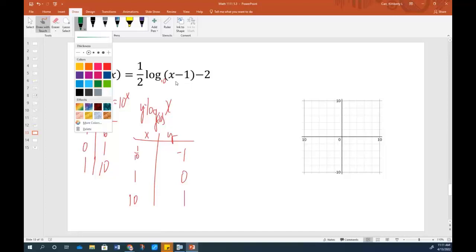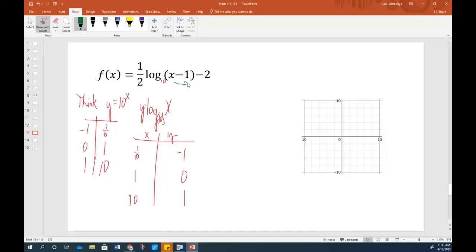What this does right in here is a shift that goes to the right 1 unit. So if I want to go to the right 1 unit from my x's, I can add 1. And what that does is shift to the right 1 unit.